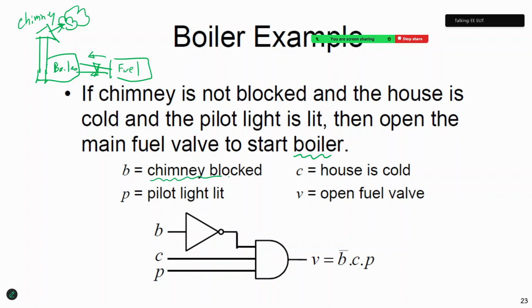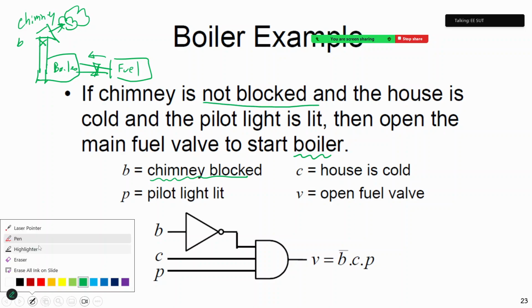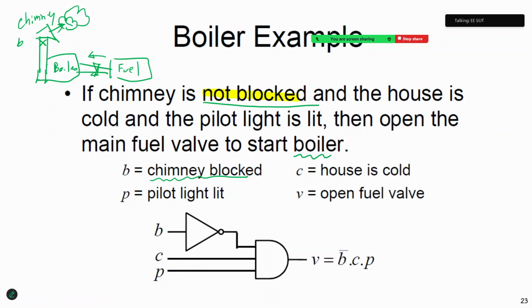Here, B will be whether the chimney is blocked or not blocked. If the chimney is not blocked, there is a NOT gate there.